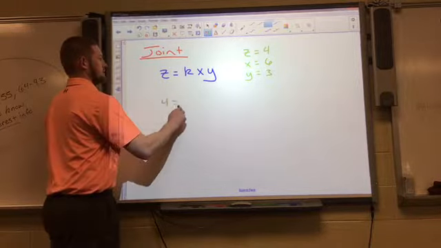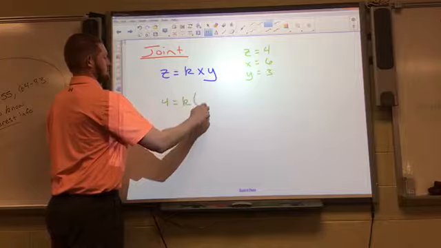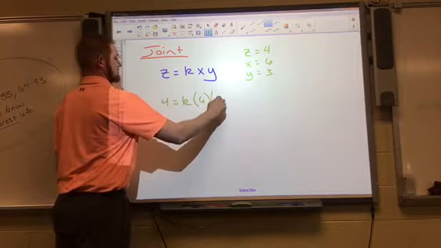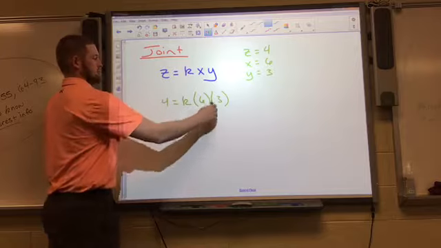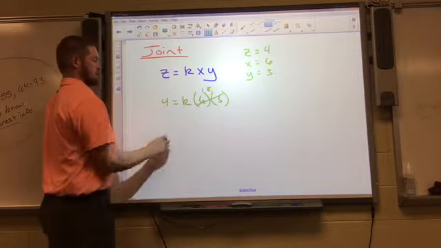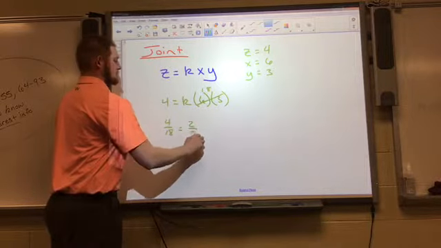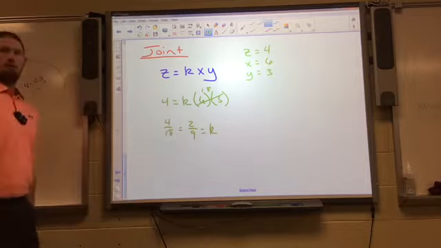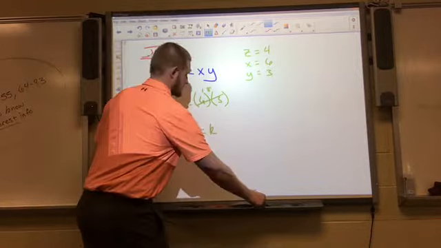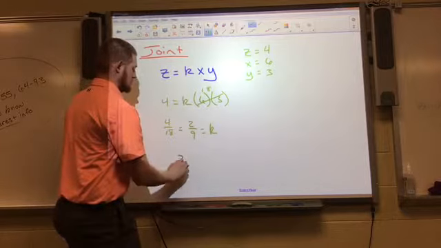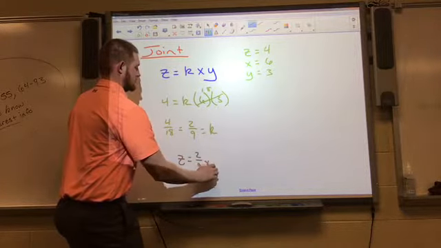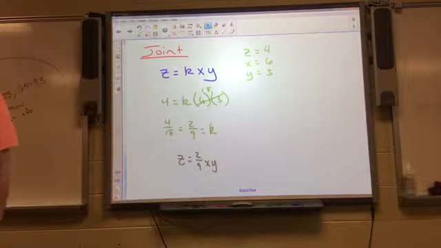So I would have 4 equals k times 6 times 3, which is 18. So I actually have 4 divided by 18, which is 2/9, which is what k equals, right? Okay, so now my final equation, Derek, would look like what? And then they could give you any two variables and you could find the third.